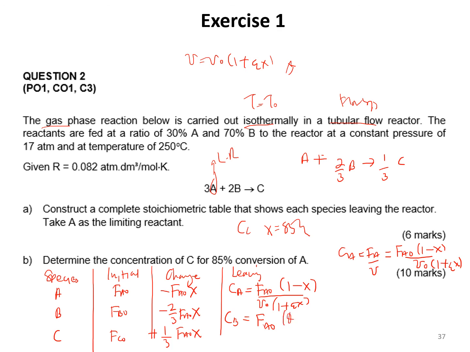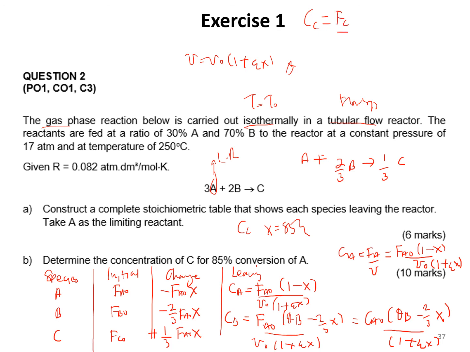So it becomes CA naught times theta B minus 2 over 3 X over 1 plus epsilon X. For CC, is equal to FC over V, which is FA naught times theta C plus 1 over 3 X, over V naught times 1 plus epsilon X. So this one we can make into CA naught.